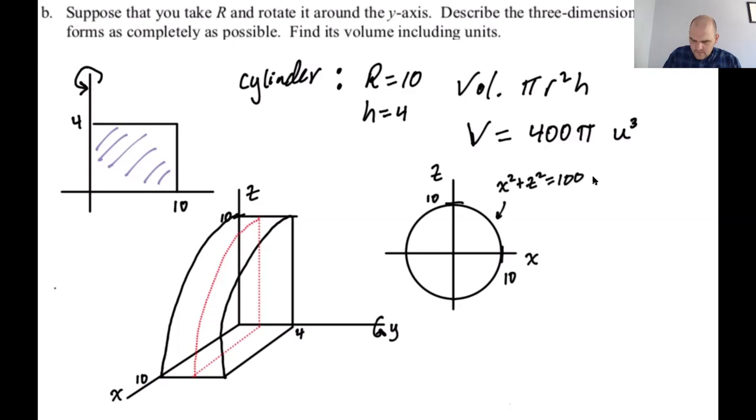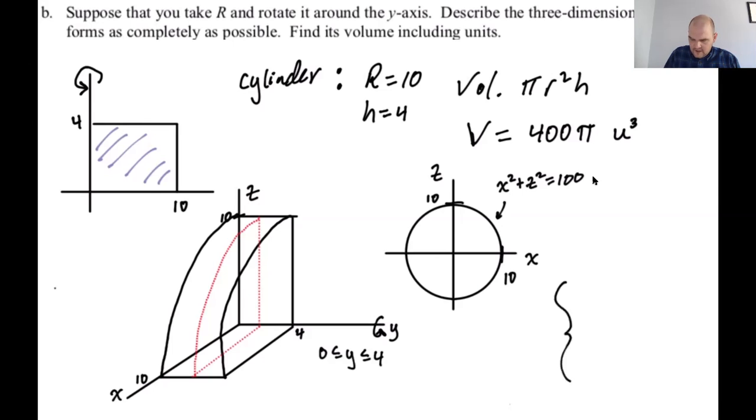So let me put that somewhere. 0 less than or equal to y less than or equal to 4. That keeps me in the shape. So let's combine this, and we're going to write parametric equations for the surface. So this is new. We have not done this before.